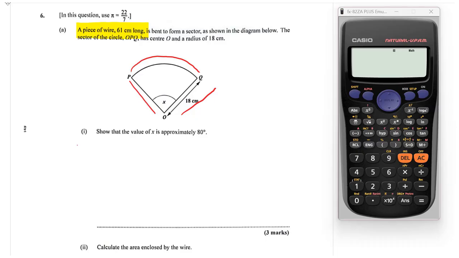Now PQ, we need to find PQ, which is the arc length, and we are also given the radius, which is 18. So OP and OQ is equal to 18. So right there we have 18 plus 18 is equal to 36. So that's 36 centimeters. So we can say this is OP and we can say this is OQ.